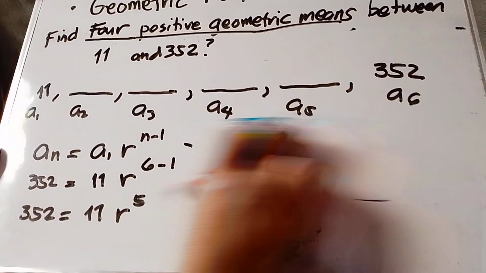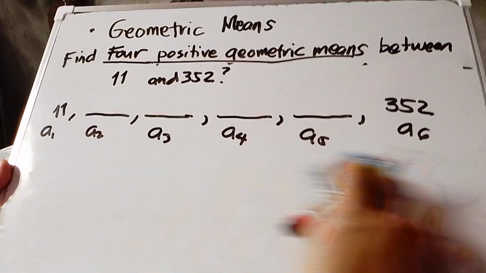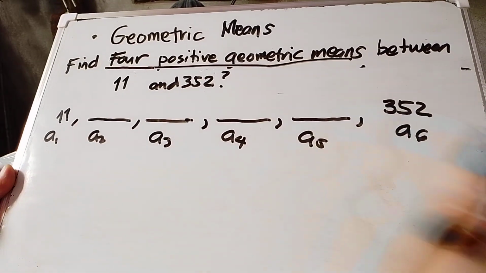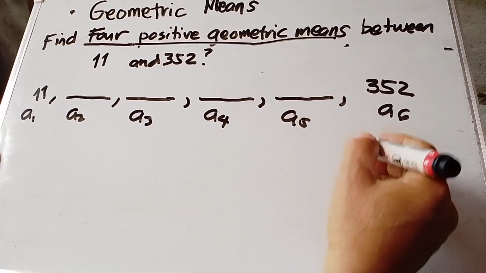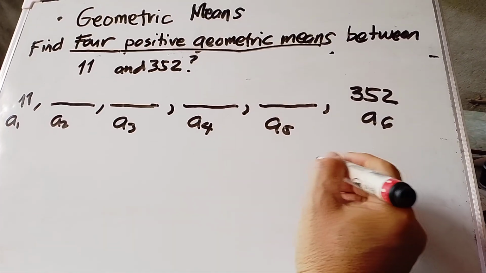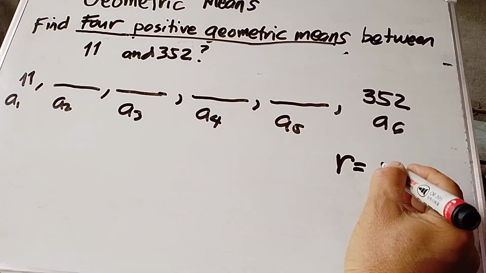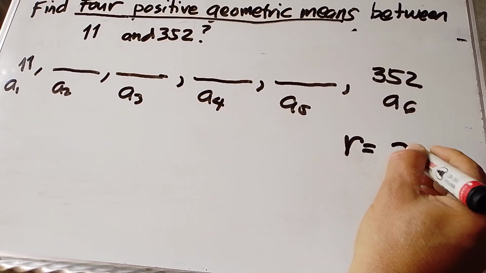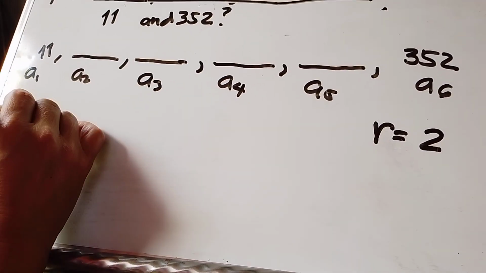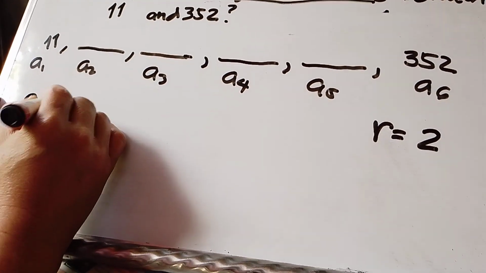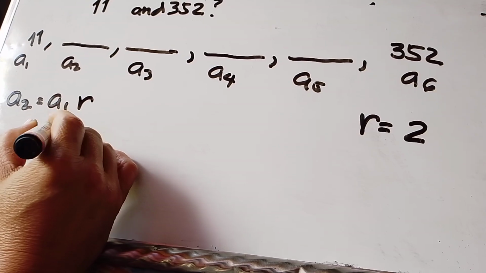Okay, let us solve the 4 positive terms. So what is my r? Is it 2? Okay. To check, a sub 2 equals a sub 1 times r.